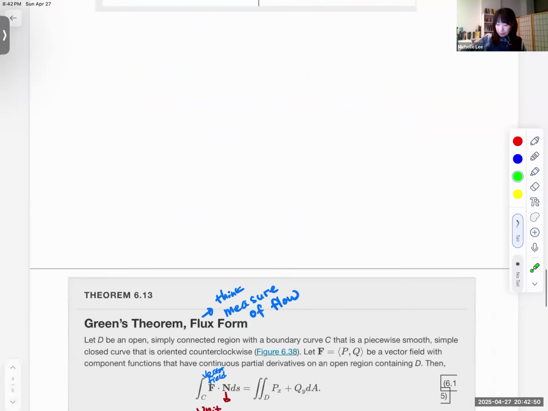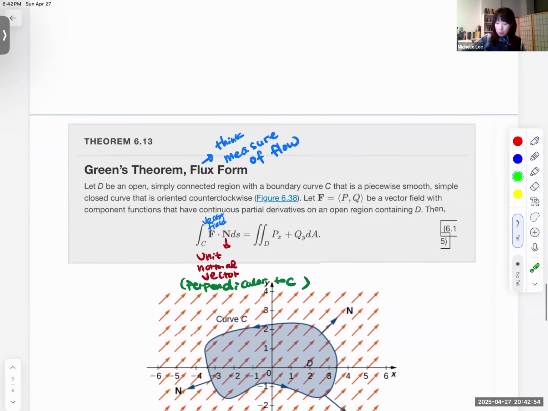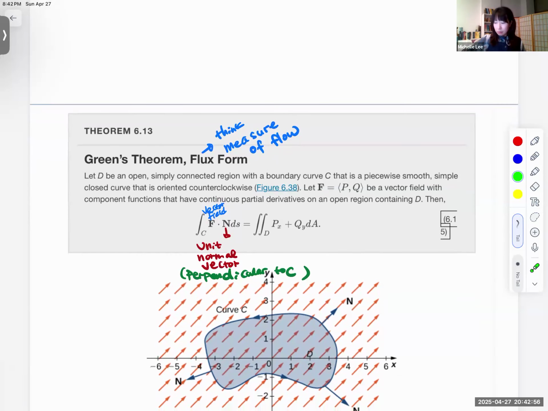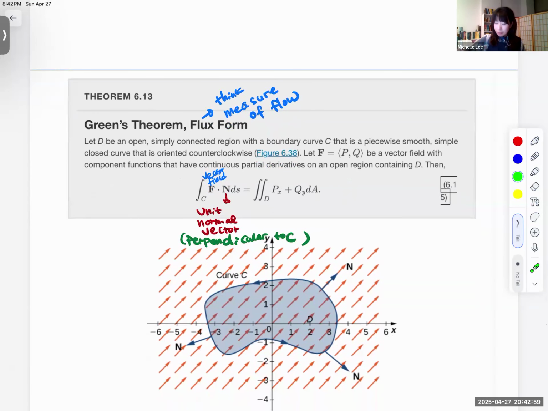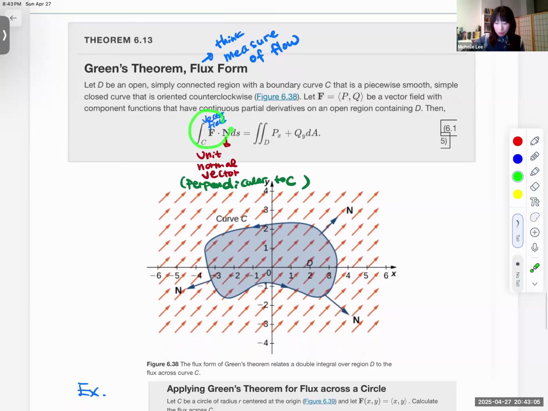Next, we have Green's theorem, flux form. Think of it as a measure of flow, right? We did this one before in the 6.2 line integral, in the last question.